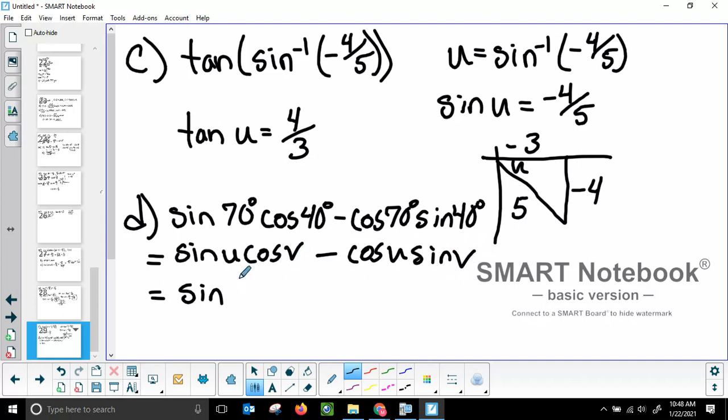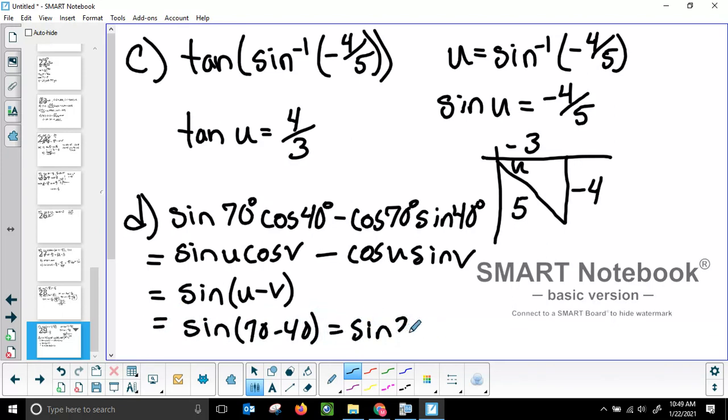So this is sine of u minus v, which in this case is going to be the sine of 70 minus 40, which is equal to the sine of 30 degrees, which is simply 1/2. Done.